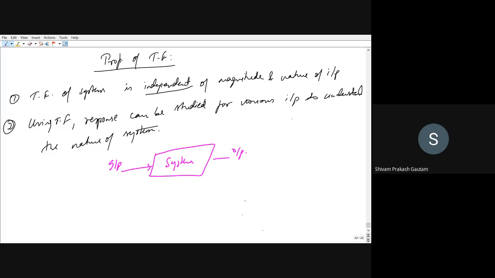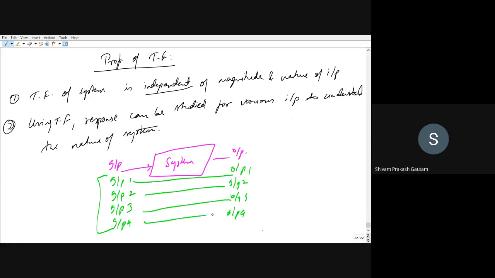By using the transfer function, you can provide a variety of input signals, like we have already seen: impulse, unit step, ramp, parabolic. These are some of the signals that you can provide to a system and study the output for each of the inputs.